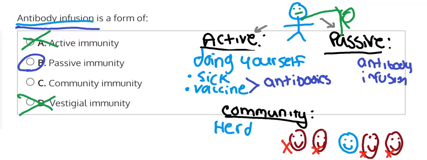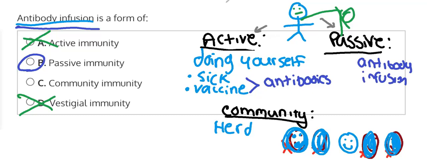This idea of herd immunity has been debated and discussed a lot because it's not always effective. Next year, let's say all of their friends who had the flu vaccine decide, you know what, I am not going to get it this year. So let's change it so that everyone is just like our main character: no vaccine, no vaccine, no vaccine, no vaccine.